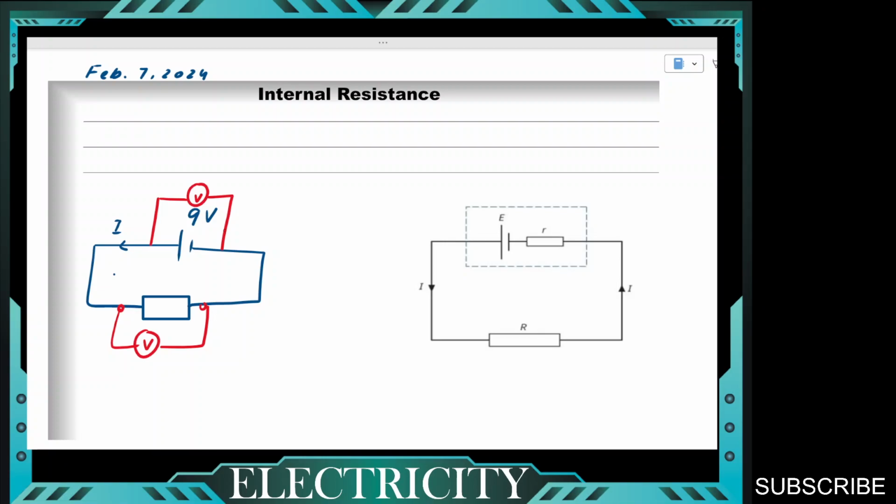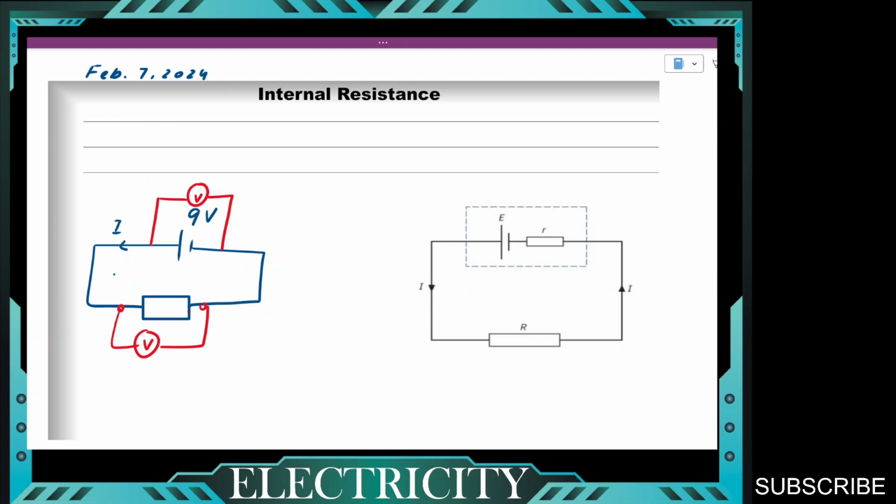But the reality is, as the current flows, the potential difference that you get across the battery or across the single resistor would always be less than 9.